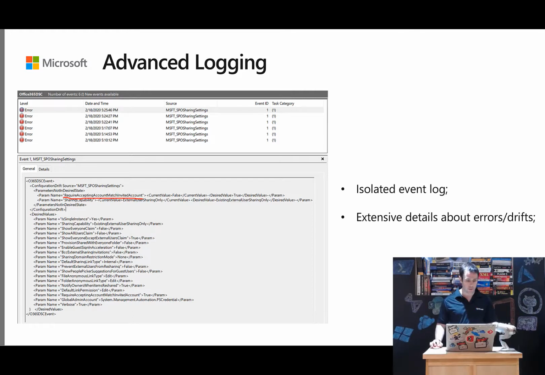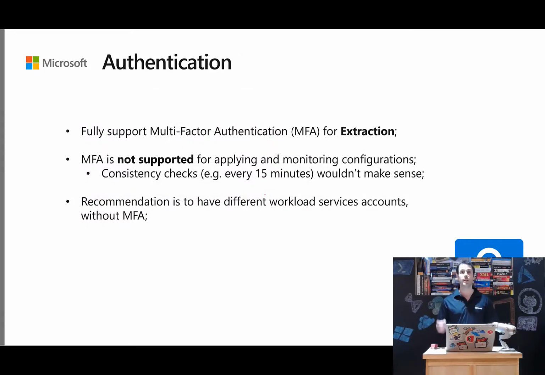The reason it's not in the desired state is because the property require accepting account matched invite account was currently set to false, but the desired state said it should have been set to true. So you can get that level of information. You know exactly what setting is not in the desired state.